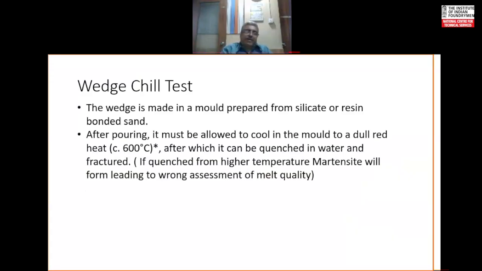After pouring, it must be allowed to cool in the mold to dull red heat. That is very important, after which it can be quenched in water and fractured. If it is quenched from higher temperatures, then martensite will form and you will not get the correct assessment of melt quality.